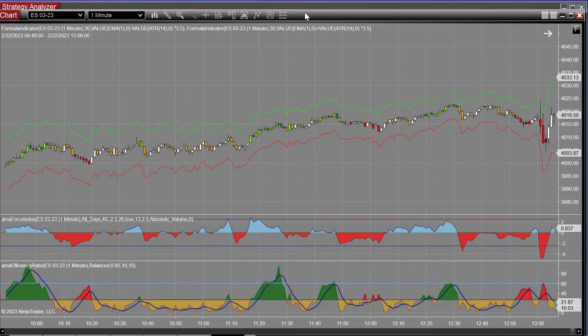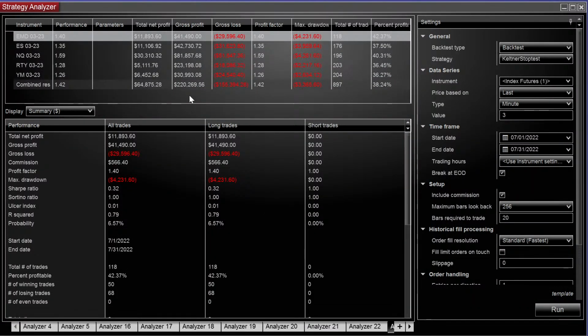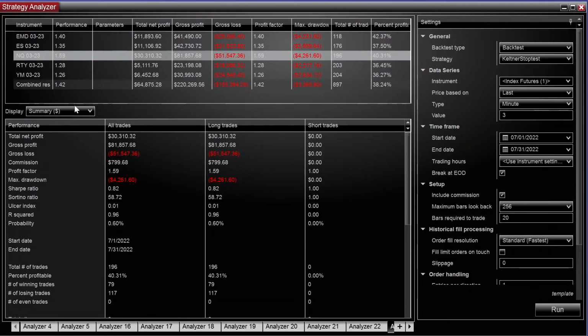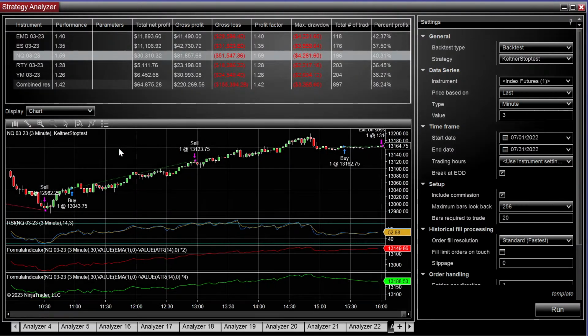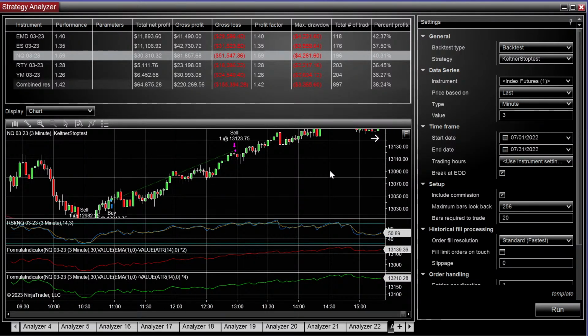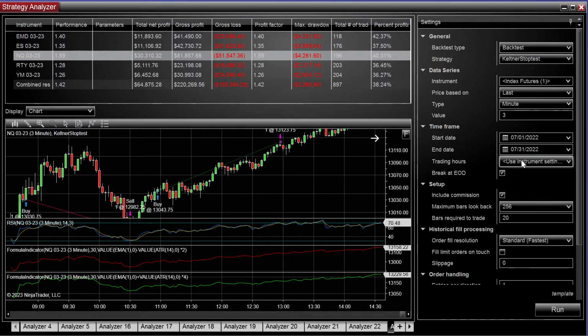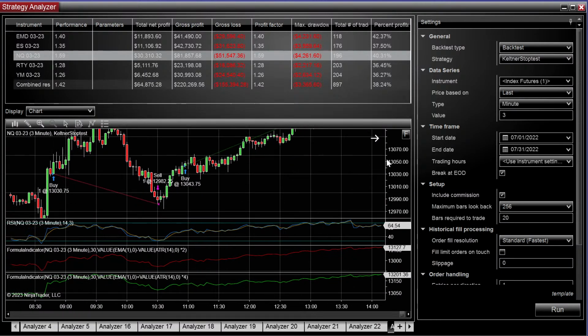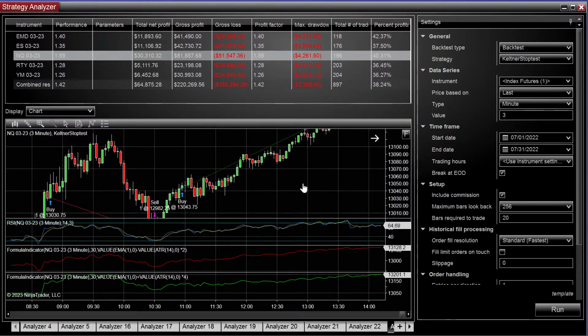You can't do that on the analyzer, but we can go to the analyzer right quick and see. This is the same thing I just showed you, but on the analyzer, I ran it for just 1 month here, July 2022. And you can see how it operates.